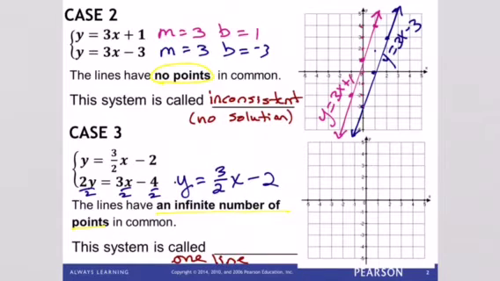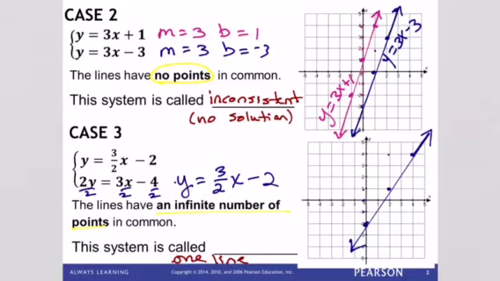So I'm going to graph that, -2, and then I go up 1, 2, 3, and over 2, and graph it. Sorry, my pen got that line a little thick. Okay, so two equations, same line. That line's a little bit off, sorry about that. So this system has an infinite number of solutions.